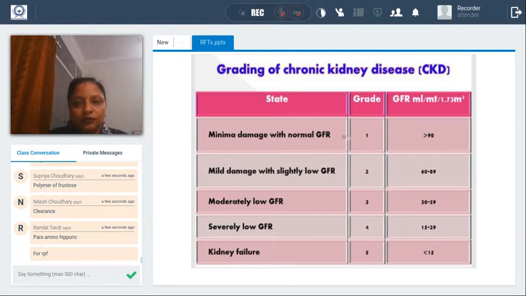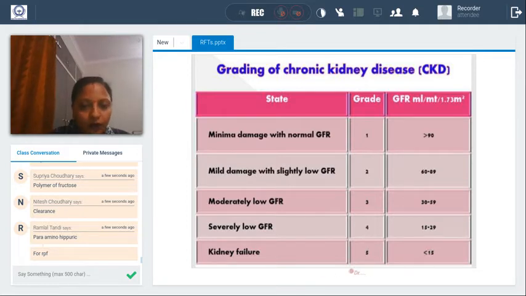We can classify by this table: grade 1 is minimal damage with normal GFR, grade 2 is mild damage with slightly low GFR, and lastly grade 5 is kidney failure. GFR continuously decreases. You can see it here.